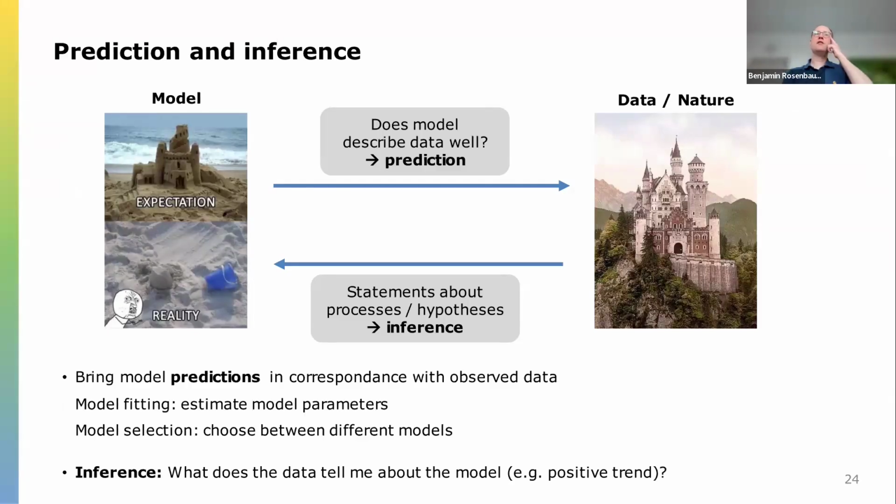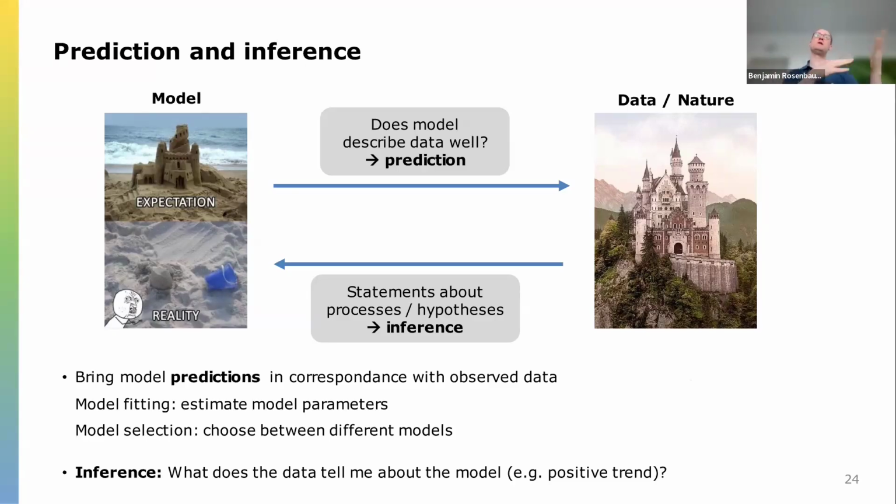I think of models often in terms of prediction and inference, which are two different directions. If I observe something in nature, or I have some data about something in nature, and I want to model this, I have to ask myself, does my model describe the data well? And this is the direction of prediction, right?